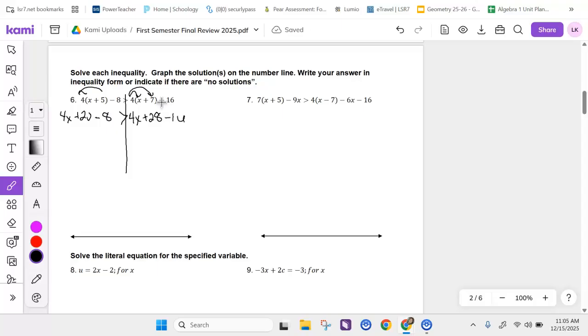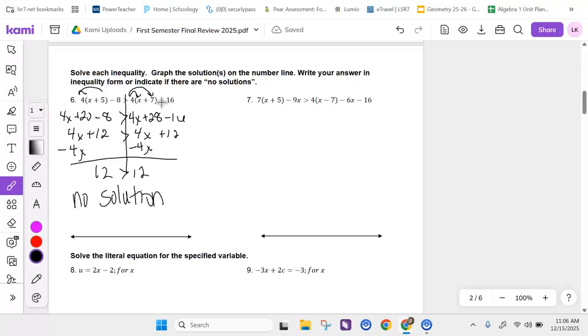Combine like terms. 4x plus 12 is greater than 4x plus 12. Well, if I subtract my 4x here, I have 12 is greater than 12. Is 12 greater than 12? No. If it was 12 greater than or equal to 12, then it would be infinitely many. But since it's just 12 is greater than 12, there's no solutions.